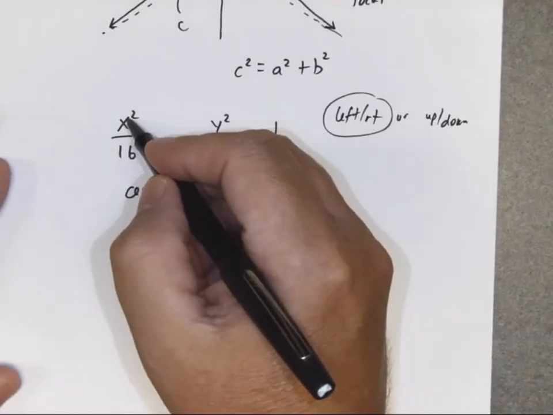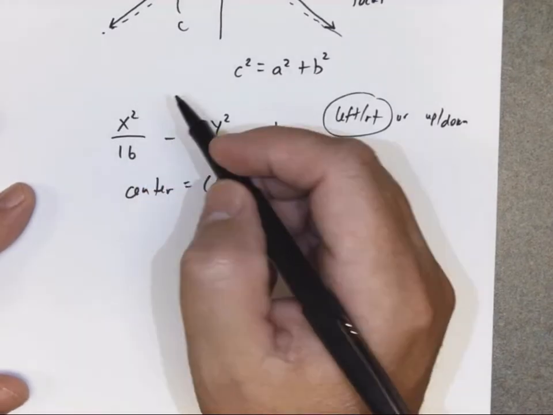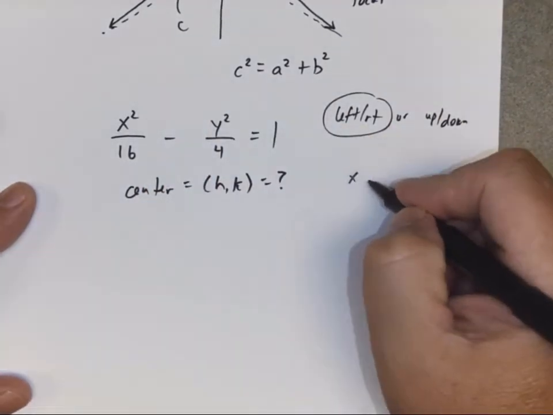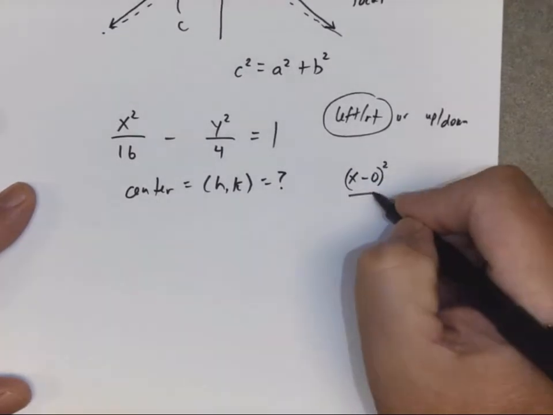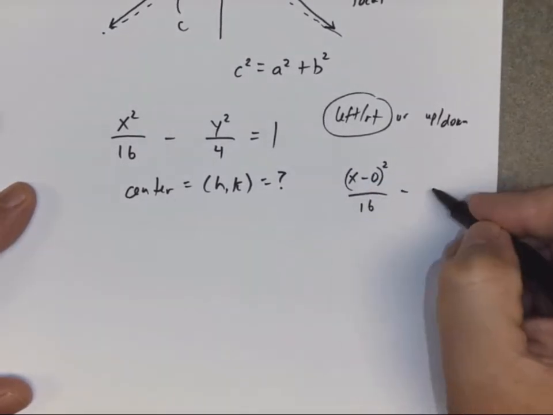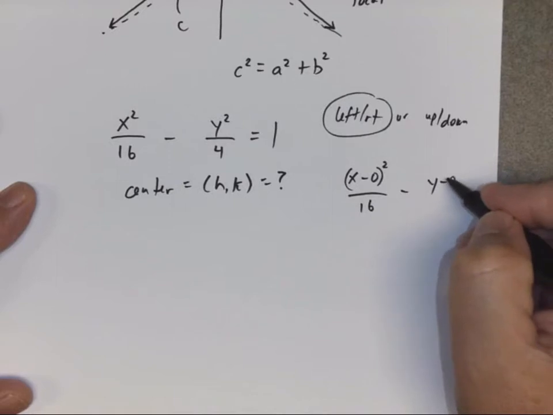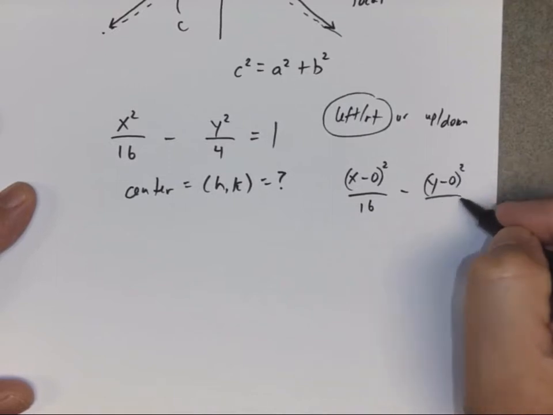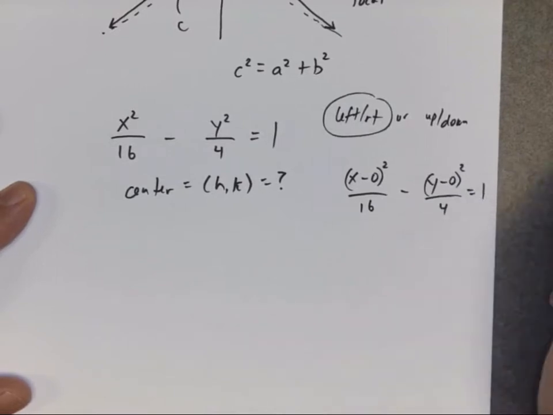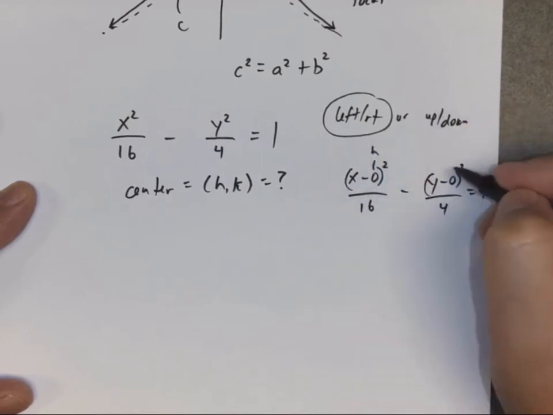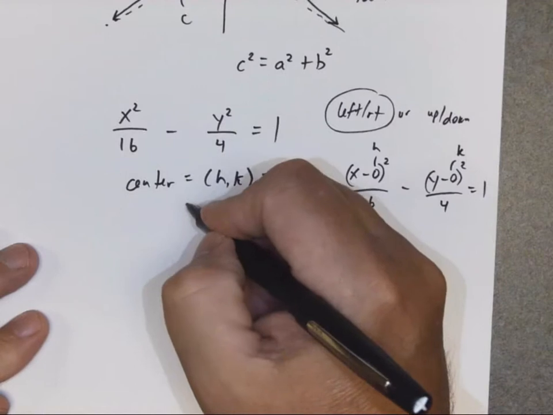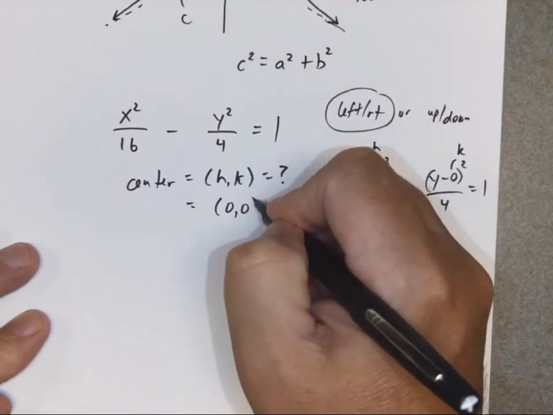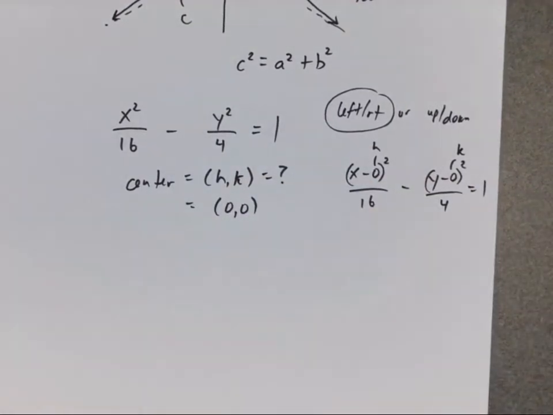Hopefully you can see here how x squared. I hope this is obvious to most of you, but in case this ever confuses you, so the center for this one is 0, 0. So the center is at the origin.